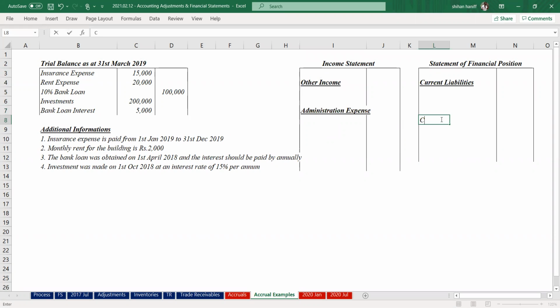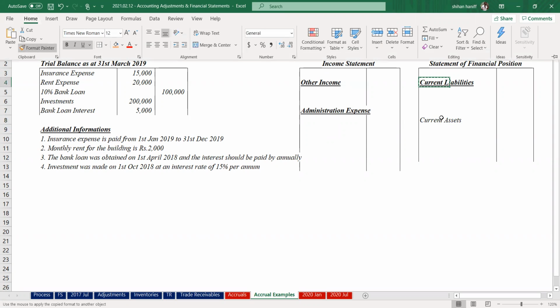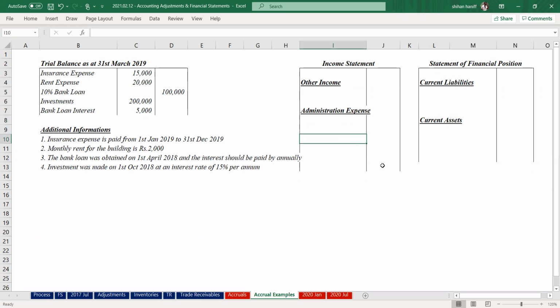Current liabilities, current assets. Right. So how much will you take as insurance expense? Rent expense?